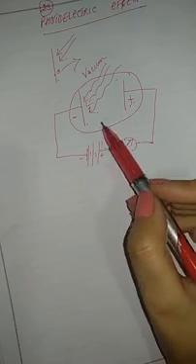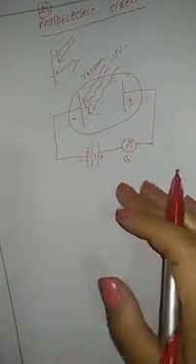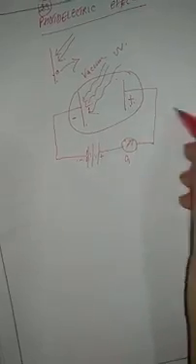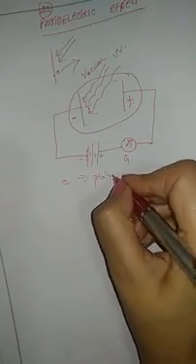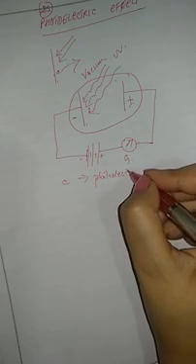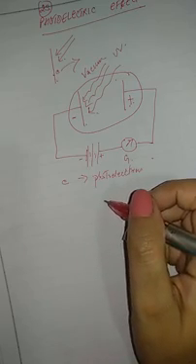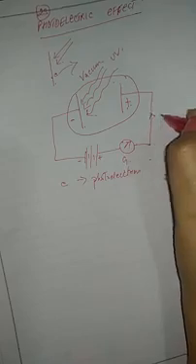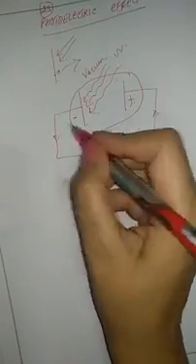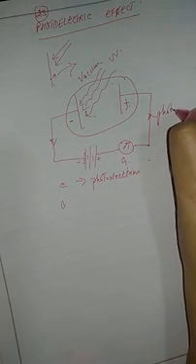So the phenomenon of emission of electrons from metal under the influence of light, UV ray is light, this is known as photoelectric effect. The electrons which are emitted are known as photoelectrons, and the current which flows from positive to negative, this current is known as photocurrent.